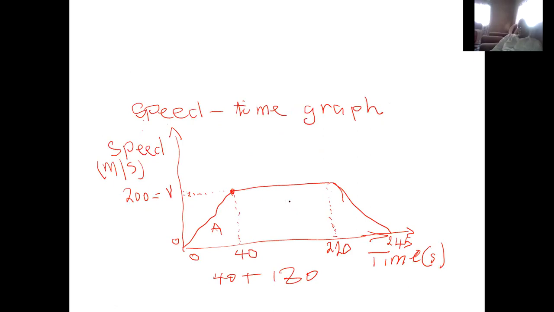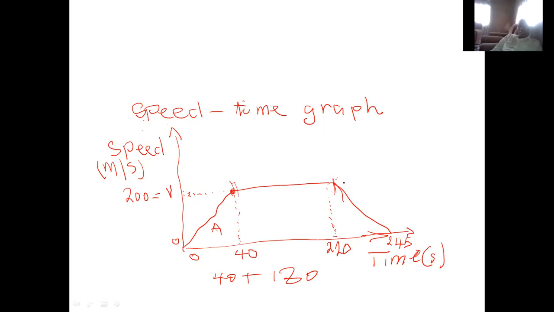So from our graph here, the constant speed, when the speed was not changing, is from this point here to that point there. And we know it covered that in 3 minutes, which is equal to 180 seconds.